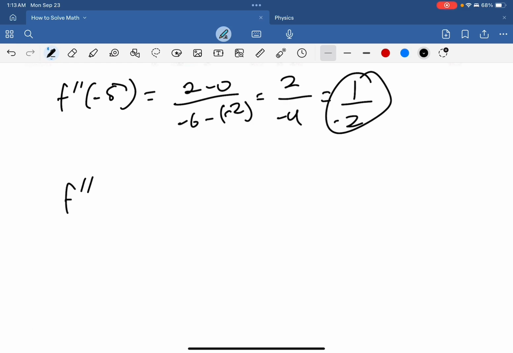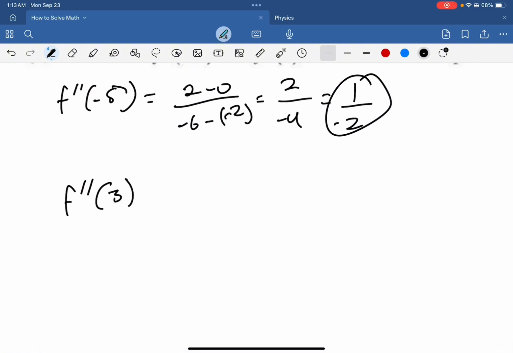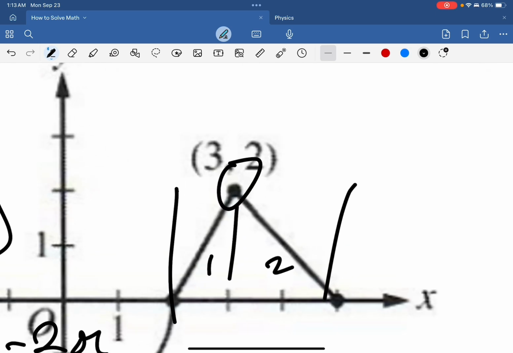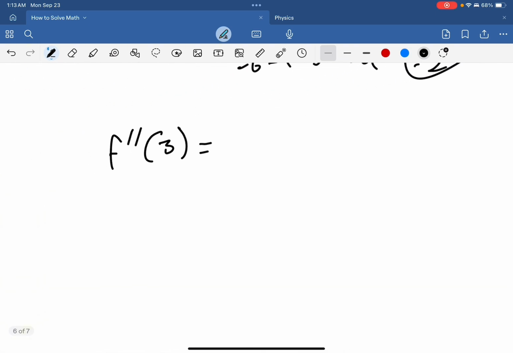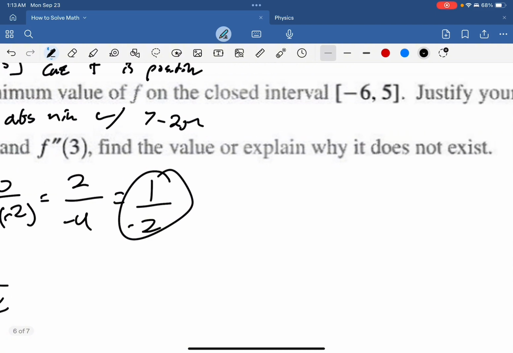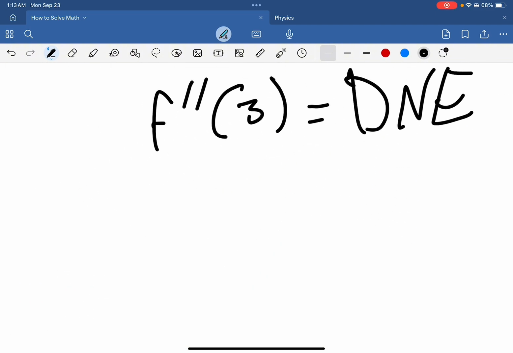Now you got to do f double prime of, what was it? 3. Which is right here. And because there's a cusp, it does not exist. But our question tells us to explain why it does not exist. So we gotta show an explanation.